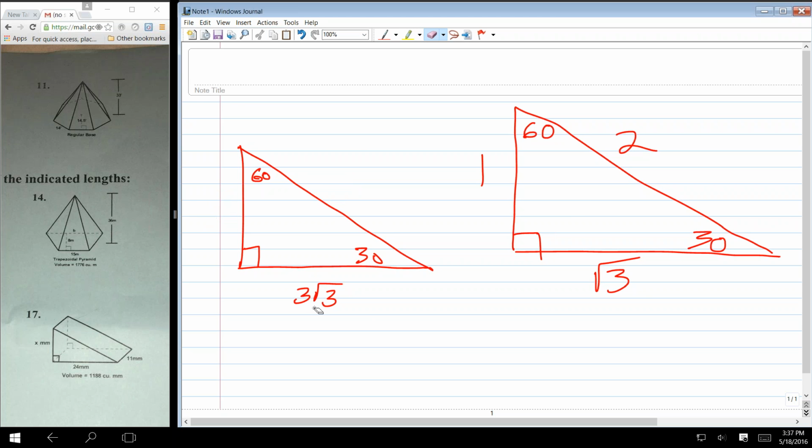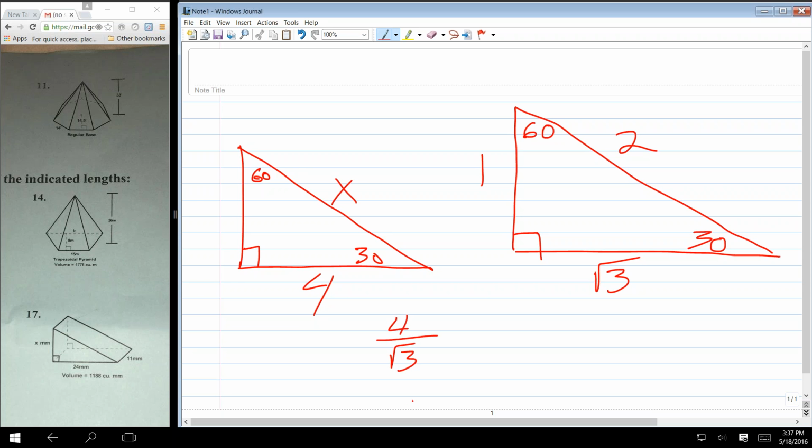Now, where the difficulties come in, what if I said this side is 4? Now what's x? Well, wouldn't you have to divide by root 3 and then multiply by 2? Correct, exactly. So, in other words, first we come up with the similarity ratio.